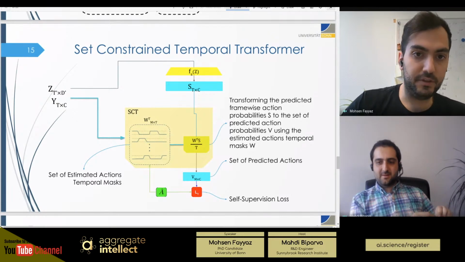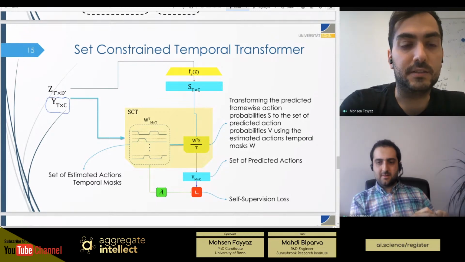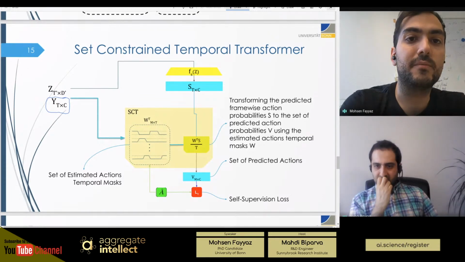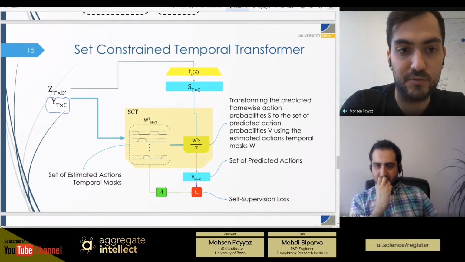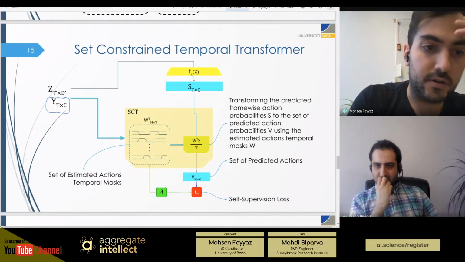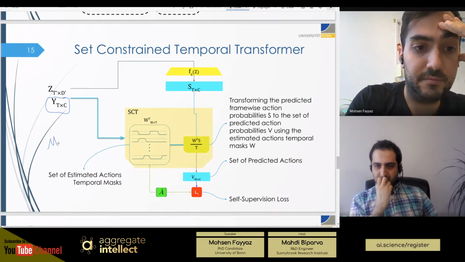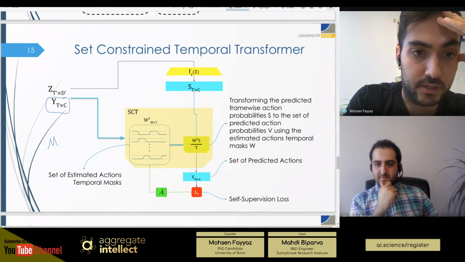However, we know that Y is a probability tensor. So we can use these probabilities as some masks for our network. How can we do that? We know that there are M actions happening in the video during this training, and M is the cardinality of the set we have. So we select those.